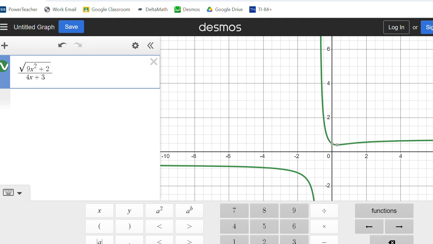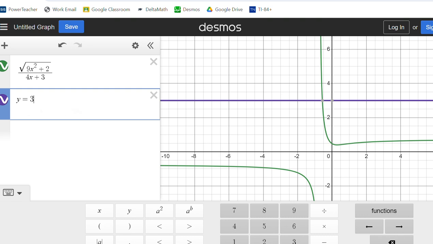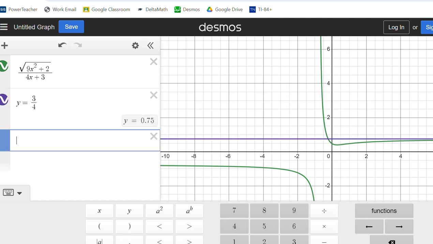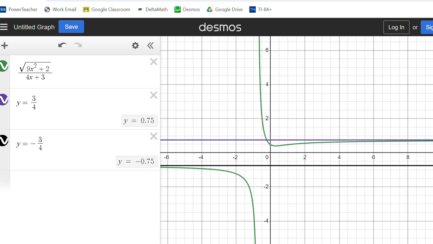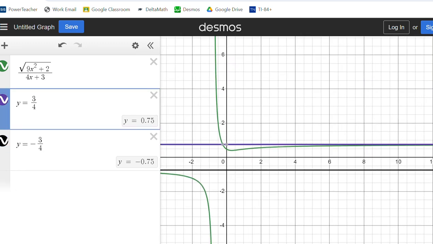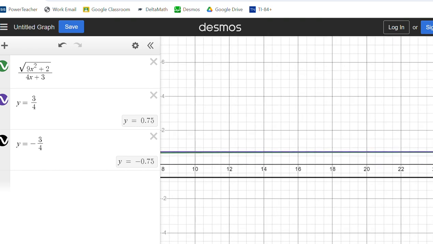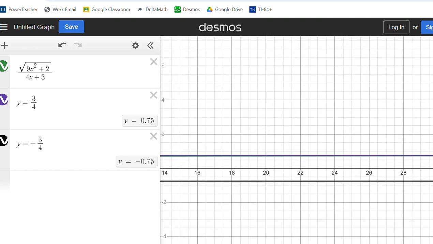This is what our function looks like. And if I graph, we'll just put it in, y equals 3/4 and y equals negative 3/4. We should see on the right-hand side here, those two values are approaching each other as we go larger and larger and larger, right? 3/4 and our function are approaching each other.